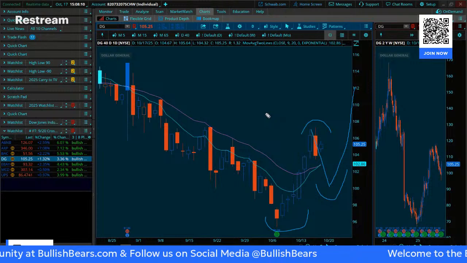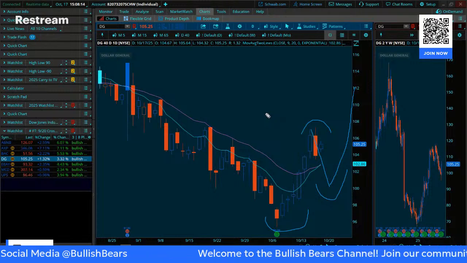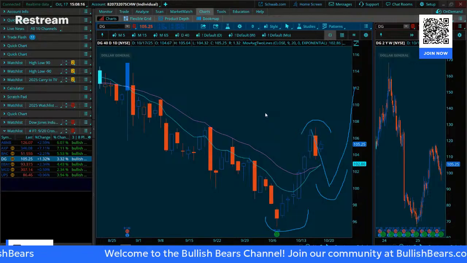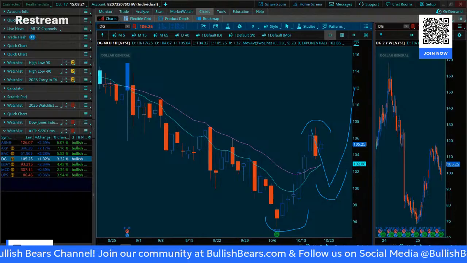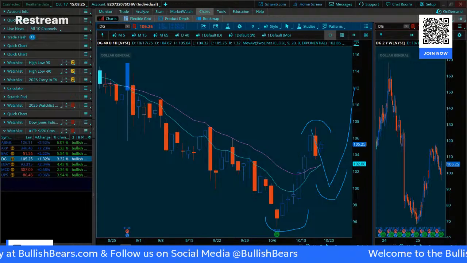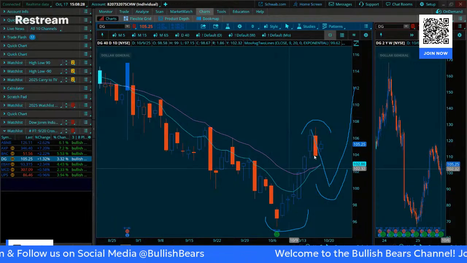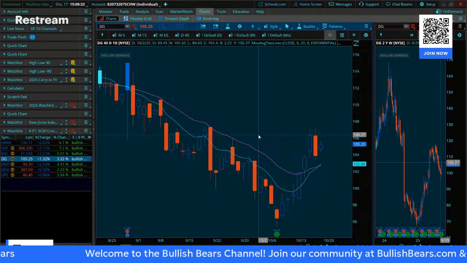This gets your eyes on the ball, focused on this stock, to help solve that question that I see a lot of people struggle with: finding stocks before they make the move. Well, this is a really good way to find stocks before they make the move. It has the cross.